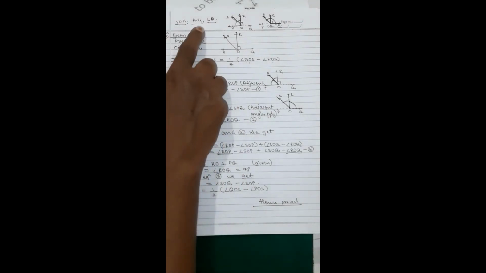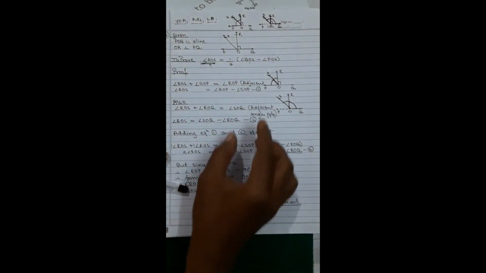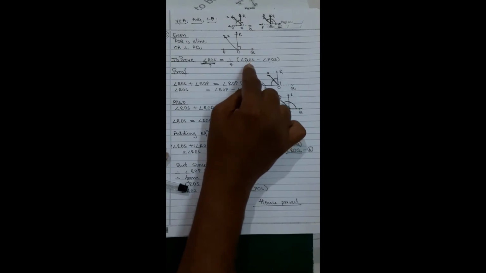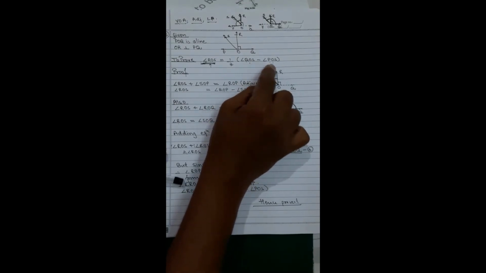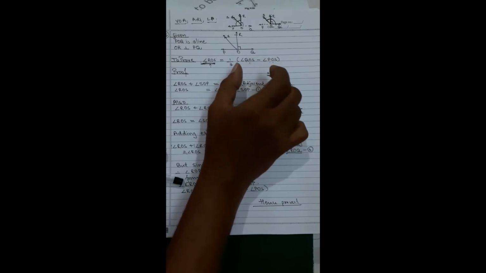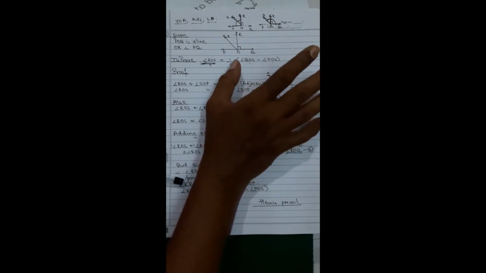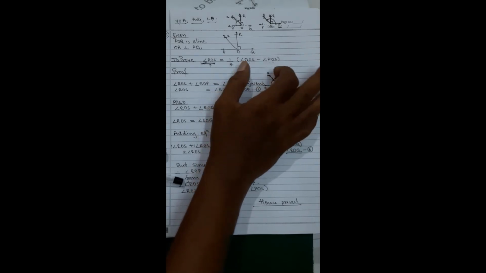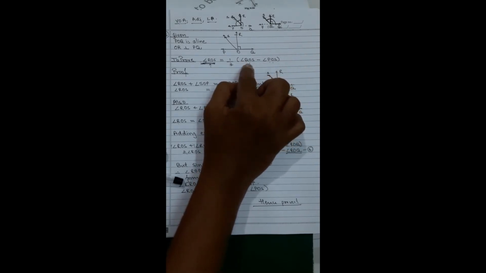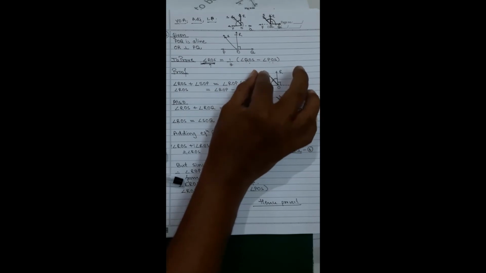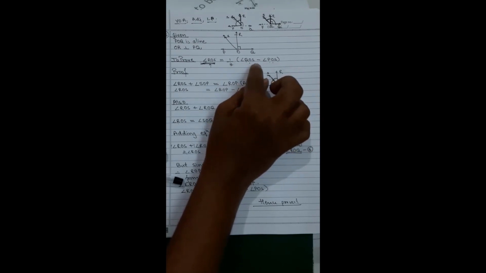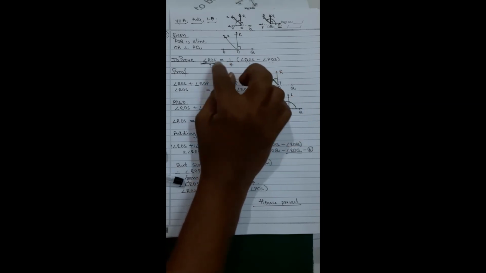Vertically opposite angle, adjacent angles, you will not be able to frame. But then it may be possible that you will be able to frame for QOS, you will be able to frame for POS. Then frame for one side, QOS, POS, and subtract them, because here subtraction is being done. Frame for QOS, frame for POS, and subtract the two, because in the to prove they are being subtracted, and then automatically this should be formed.